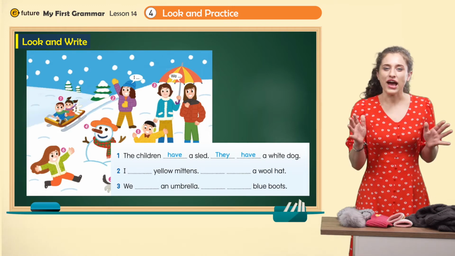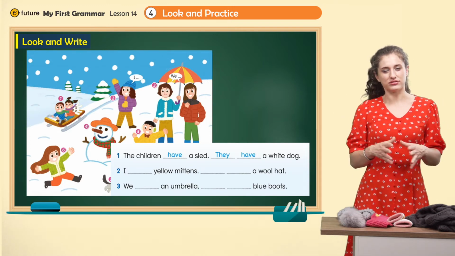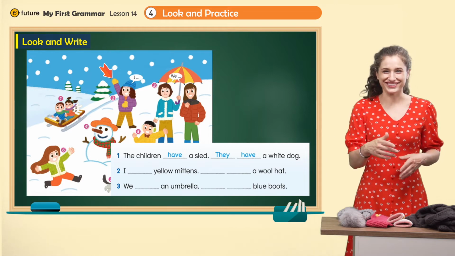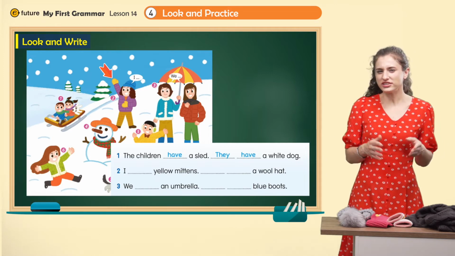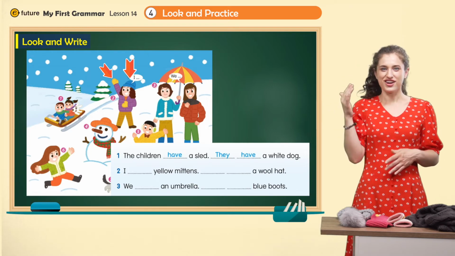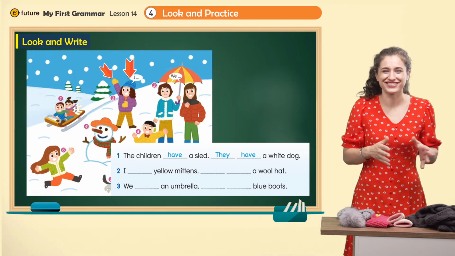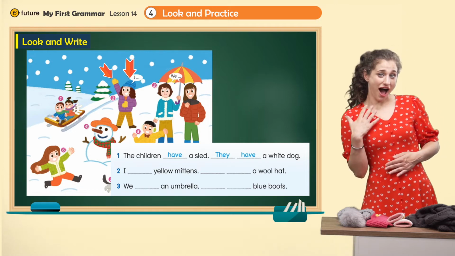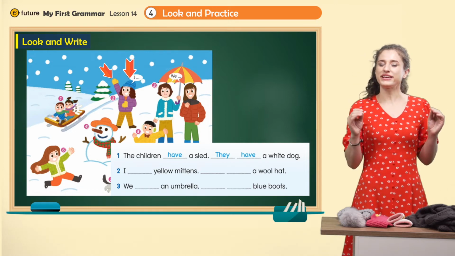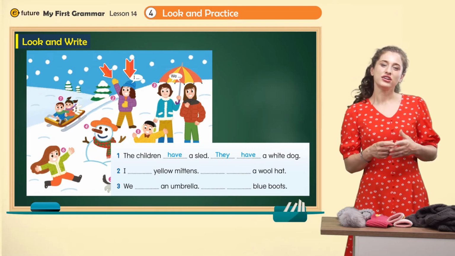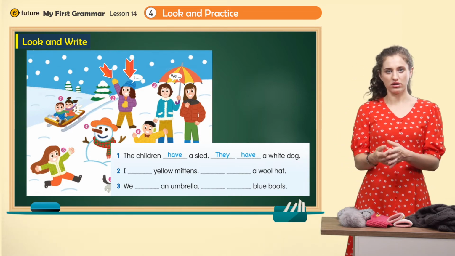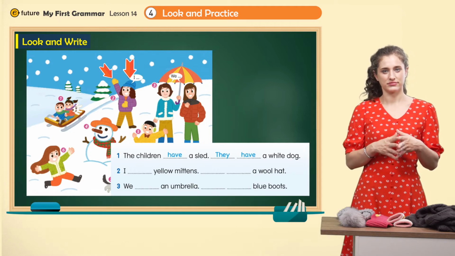Excellent. Now look at picture number 2. What does the girl have in her hands? Mittens. And what does she have on her head? She has a hat. Right. The girl says, I. So let's make a sentence using I. Look at number 2 sentence. I have or I has.